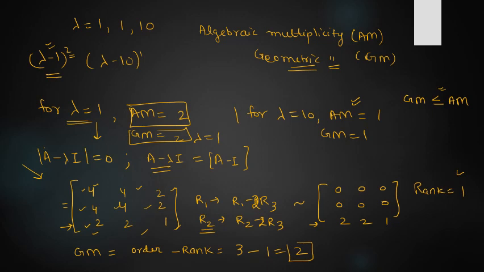Now, this is your lambda 10. You have got algebraic multiplicity and geometric multiplicity for all the eigenvalues which you have got. Now it comes to converting the matrix into Jordan canonical form, and for that we need Jordan blocks. So how we will get it?